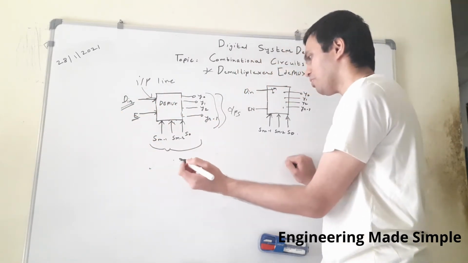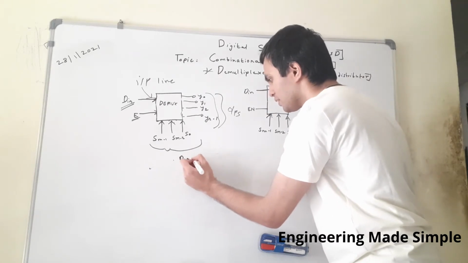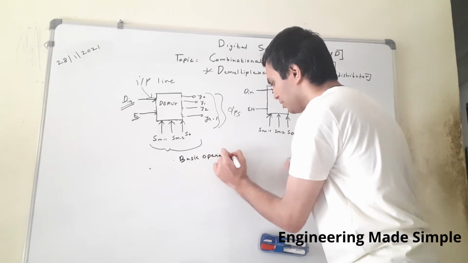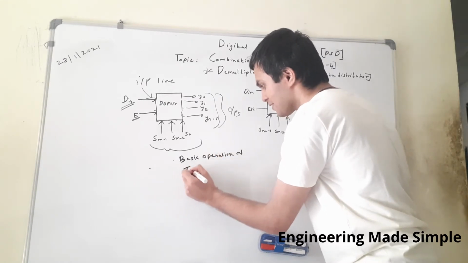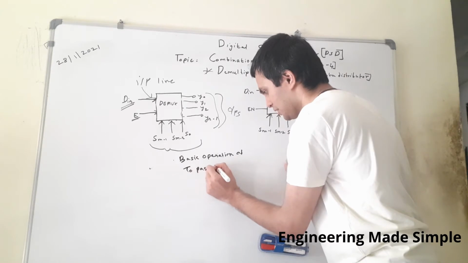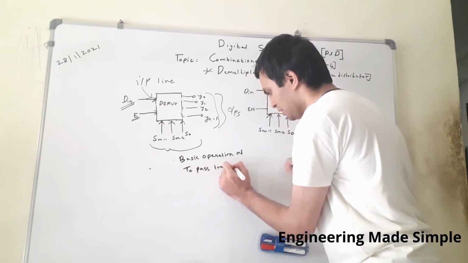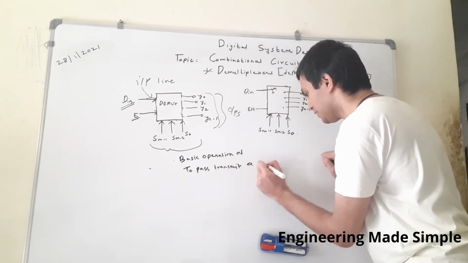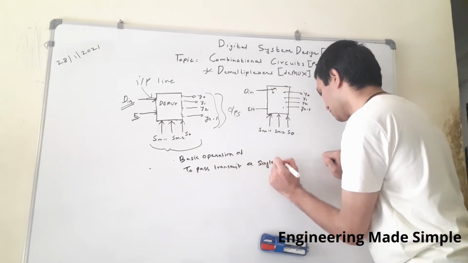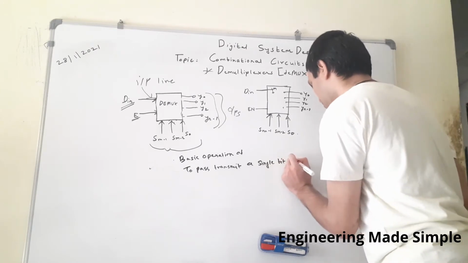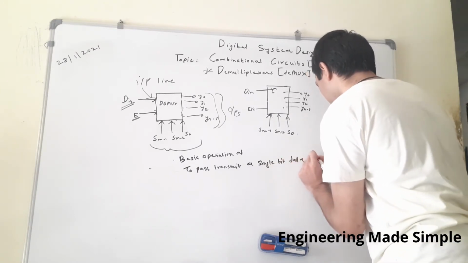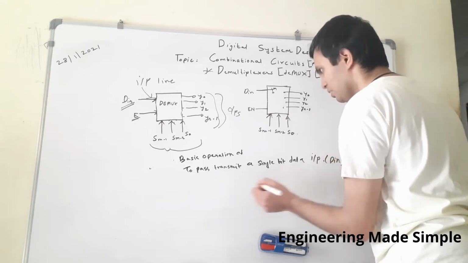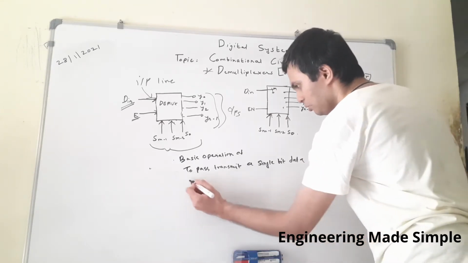The basic operation of a demux is to pass or transmit a single bit data input, let's say DIN, to your n outputs.